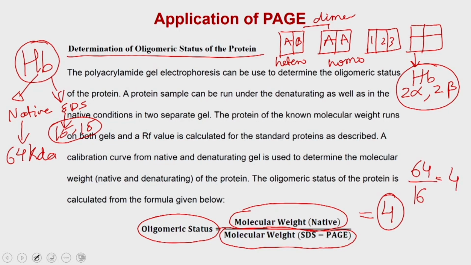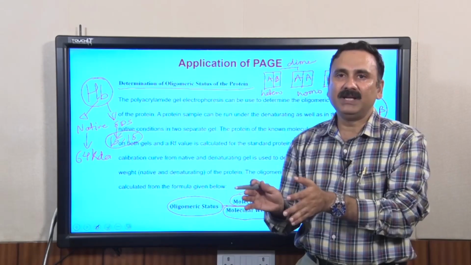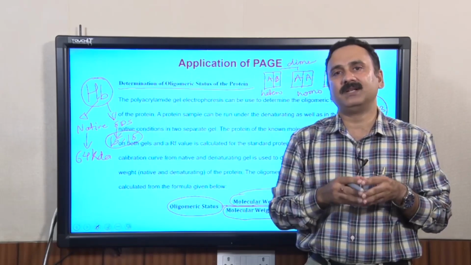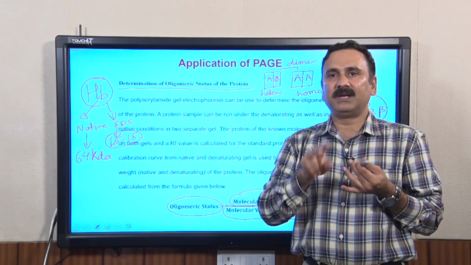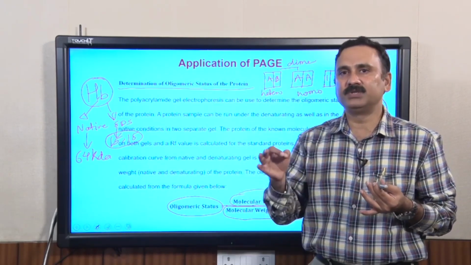That means I have produced hemoglobin which contains 2 alpha and 2 beta, and that is how it shows an oligomeric status of 4. And since we have already verified on the SDS-PAGE that you are getting 2 bands, one of 15 kilodalton, another of 17 kilodalton, which is actually an average of 16, that is how you confirm that the hemoglobin you have produced in the E.